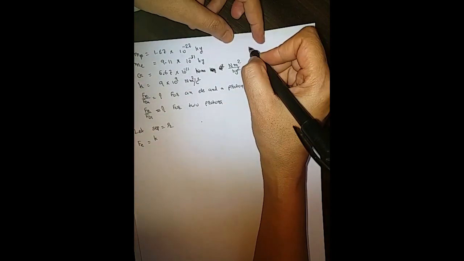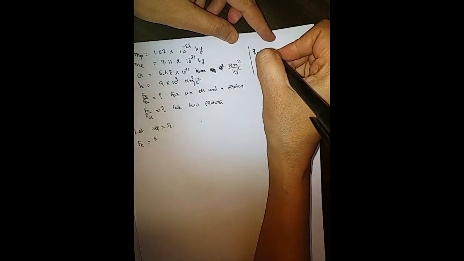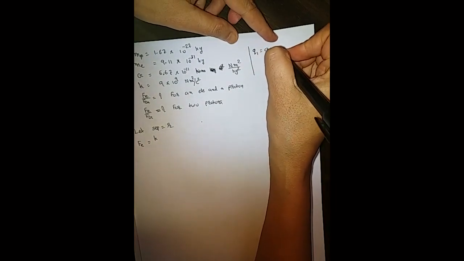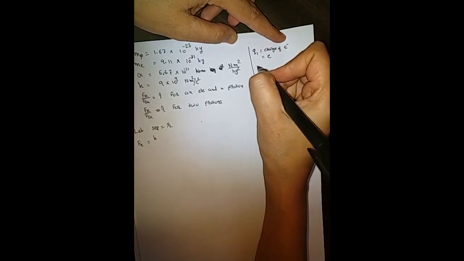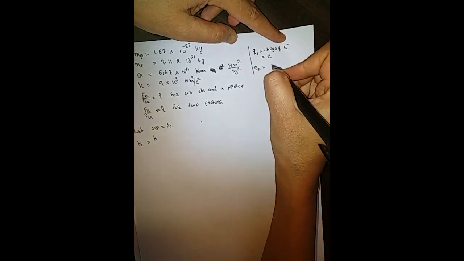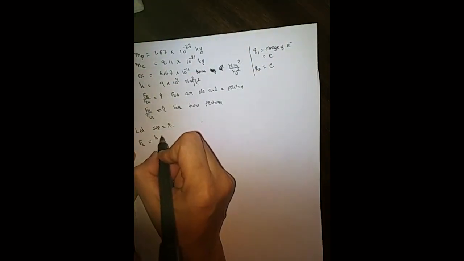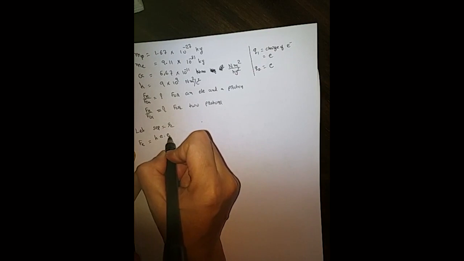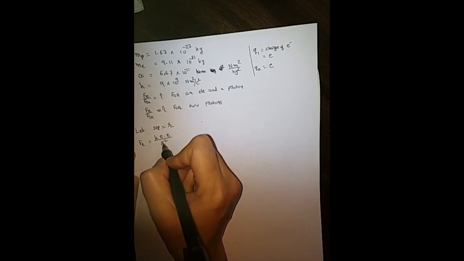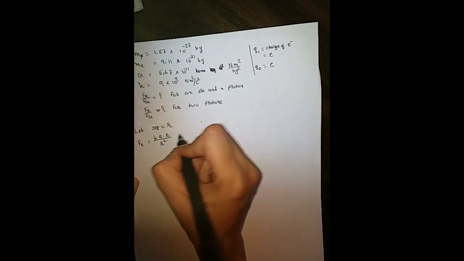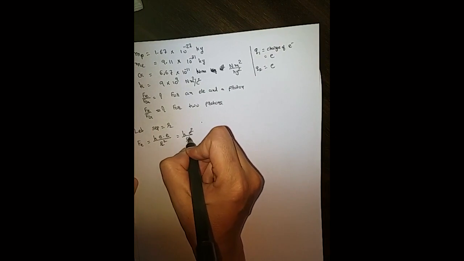In our case, Q1, the charge of electron, will be represented by e. Q2, the charge of proton, is also e. So K Q1 Q2, charge of electron, charge of proton, divided by r square. So K e square upon r square, right?